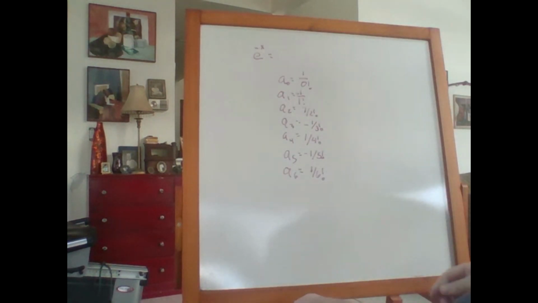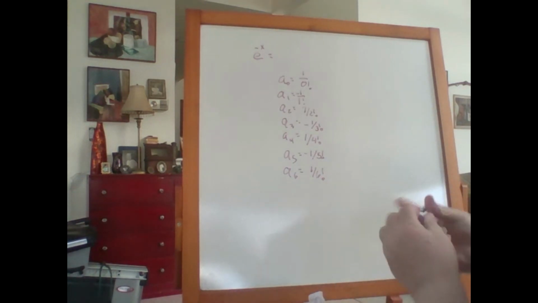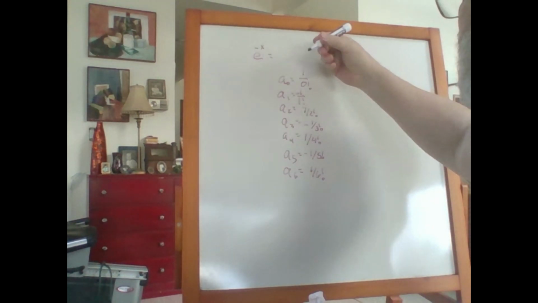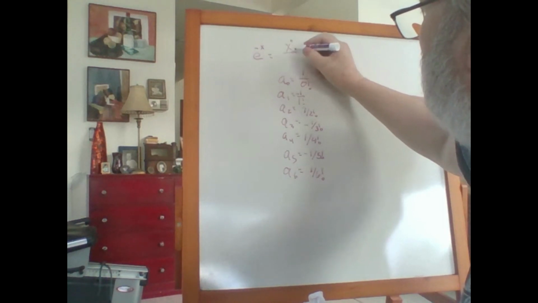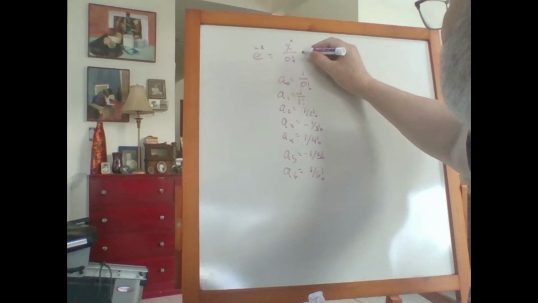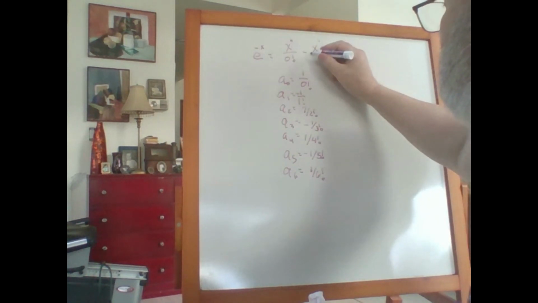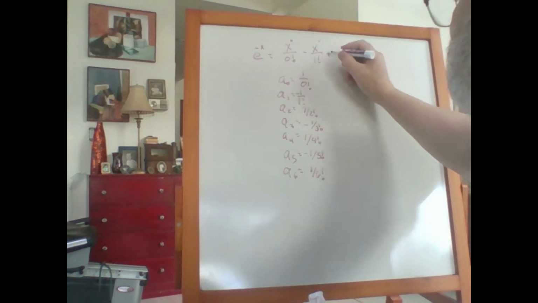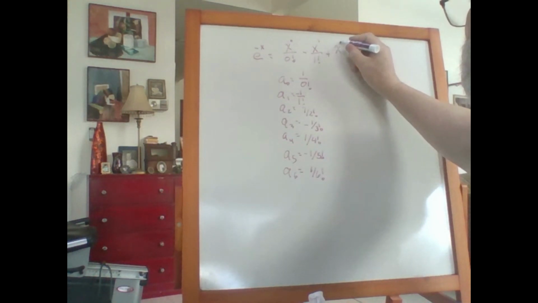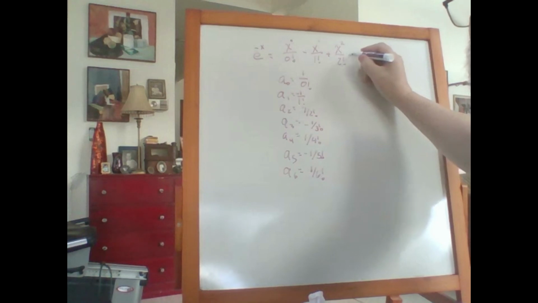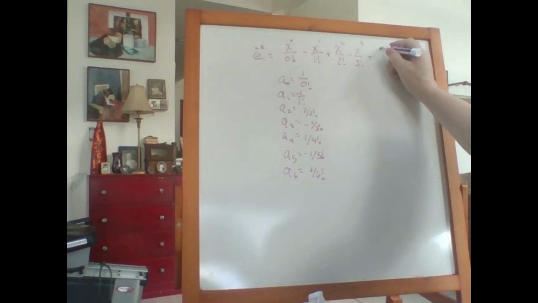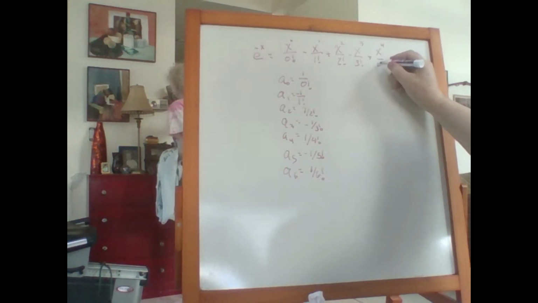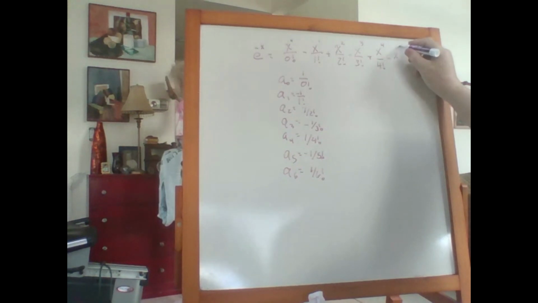All right. So we have, I just write it out, x to the 0 over 0 factorial minus x to the 1 over 1 factorial plus x squared over 2 factorial minus x to the 3rd over 3 factorial plus x to the 4 over 4 factorial minus x to the 5 over 5 factorial.